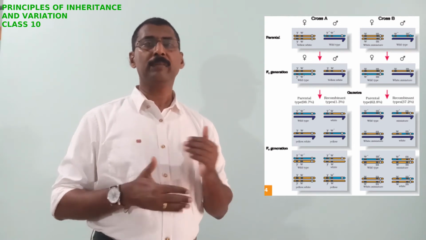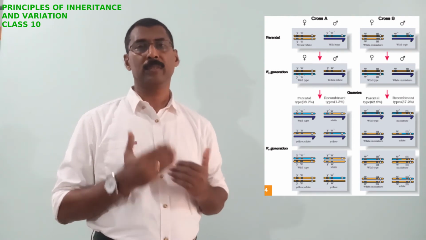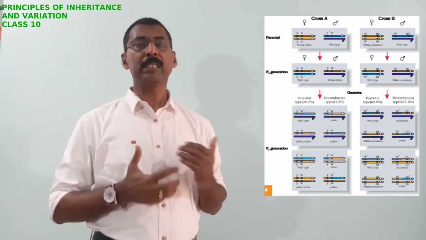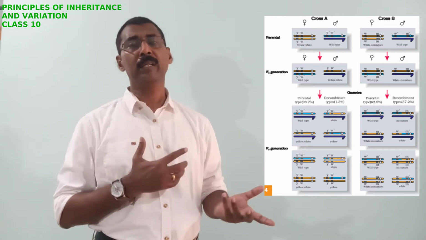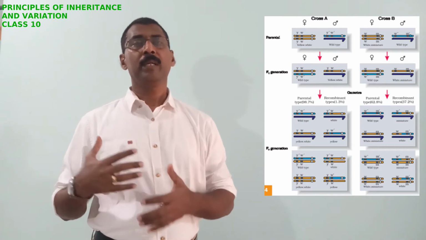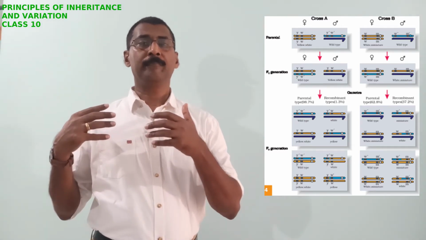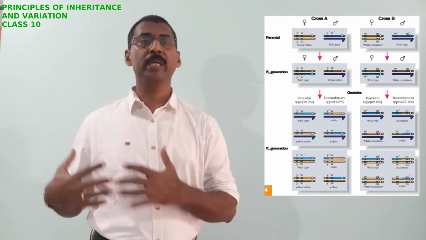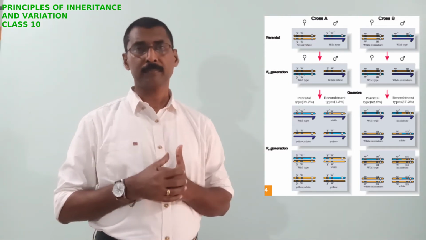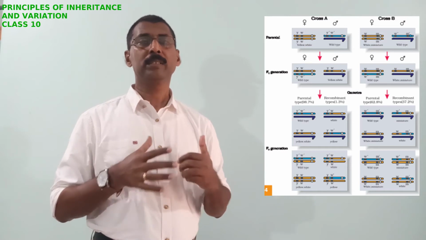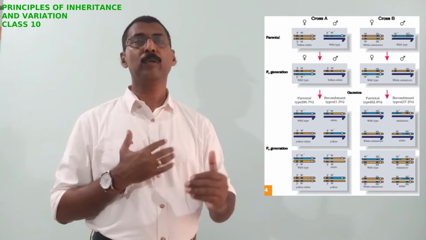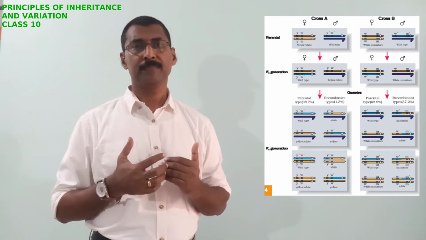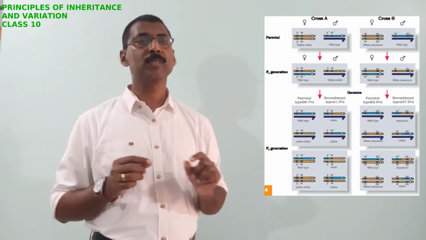Then he analyzed what could be the reason for this difference in the percentage of parental combination and recombination between the F2 produced in cross A and cross B. And he suggested another phenomenon behind this, that is crossing over.